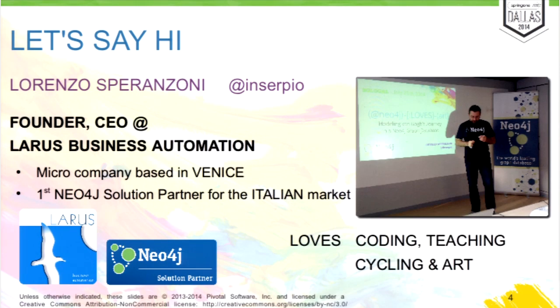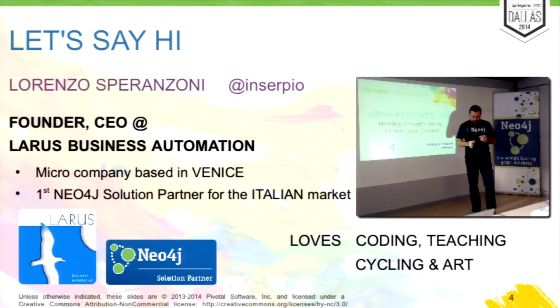Hi all. My name is Lorenzo Speranzoni. I'm from Venice, Italy. I'm the founder and CEO of a company called Larus Business Automation. We're specialized in building applications based on the Spring platform, especially for banking, insurance, and service companies.